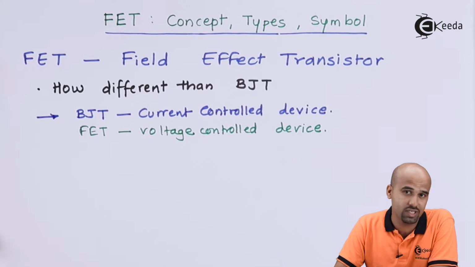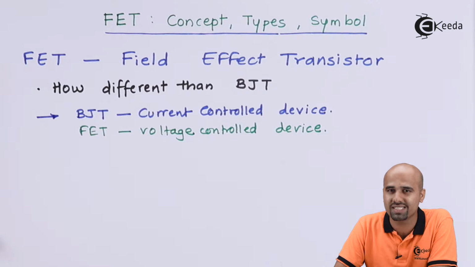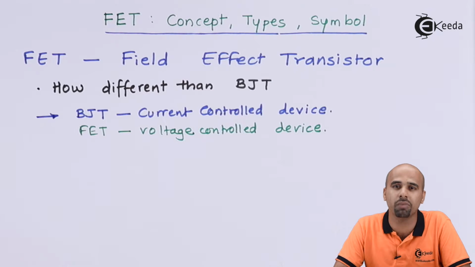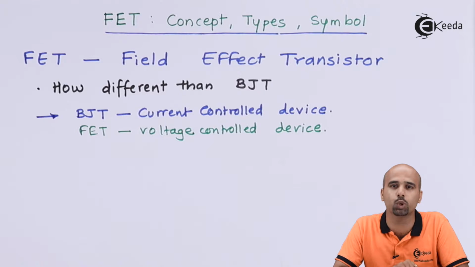Now one question will obviously come to your mind: what is a voltage controlled device and what is a current controlled device? As we have discussed in BJT, IB is the major factor that controls the whole action, whether it is an amplifier, a switch, or a buffer. That whole control action is controlled by the base current IB, right?